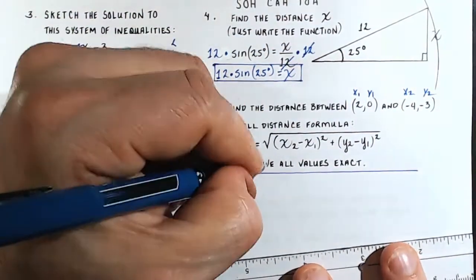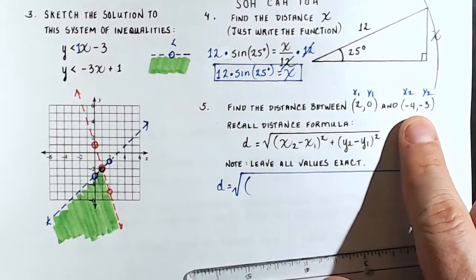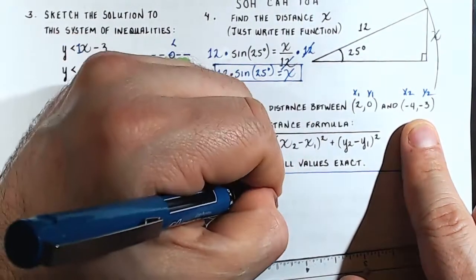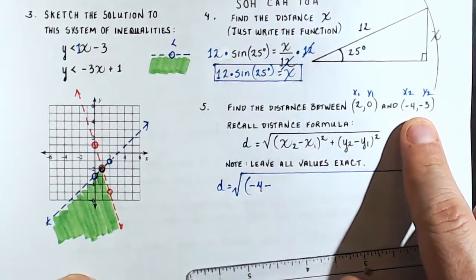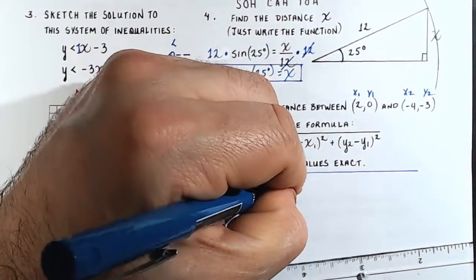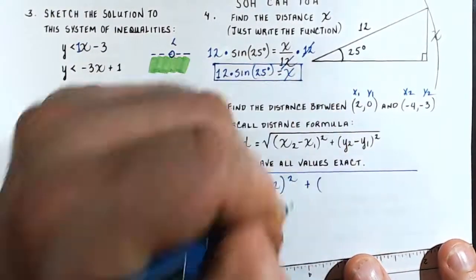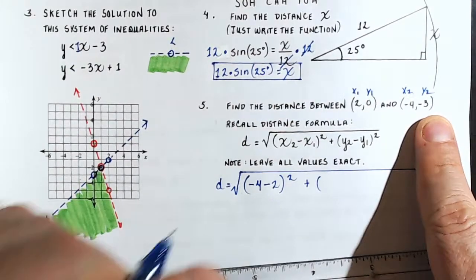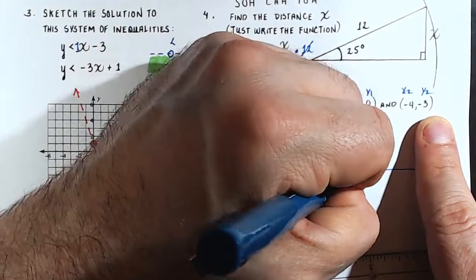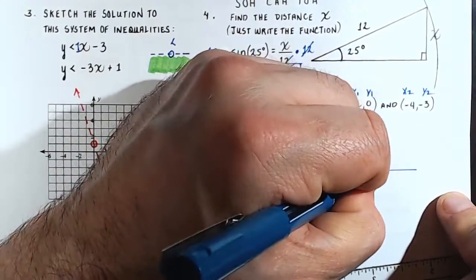Open parentheses, and we're just going to fill it in. x2 is -4 minus x1, which is 2, close parentheses, squared, plus, open parentheses, y2, which is -3, minus y1, which is 0. And that will also be squared.